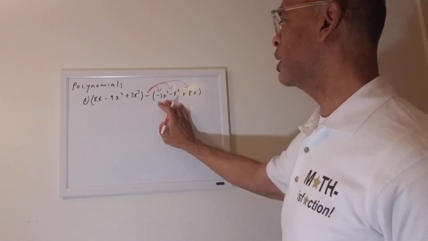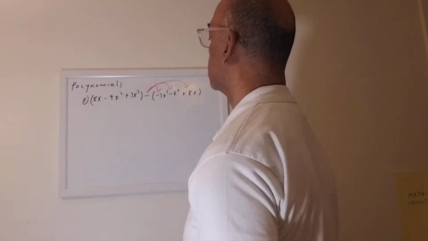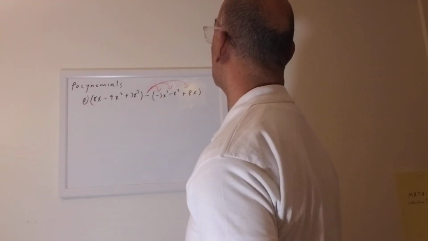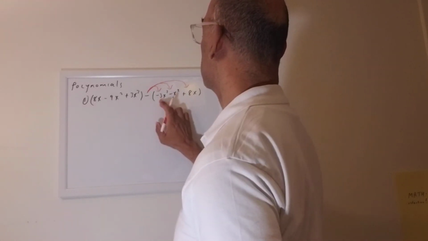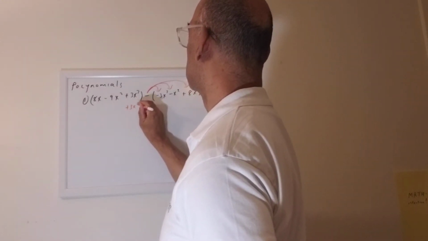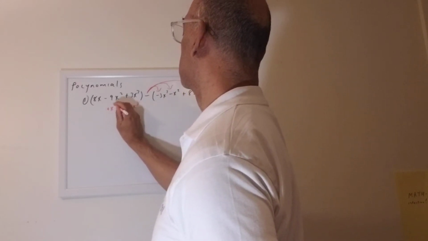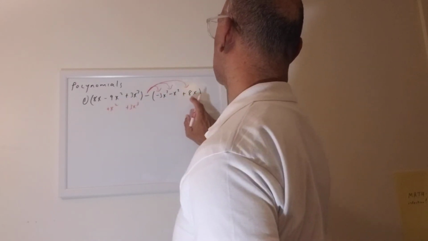As I change these, I'm going to align them with the common like term. This will become positive 3x cubed. Let's put that here. This will become positive x squared. Let's put that here. And we have negative 8x.